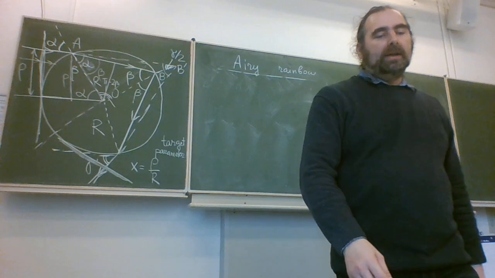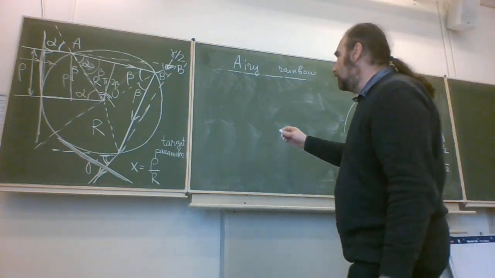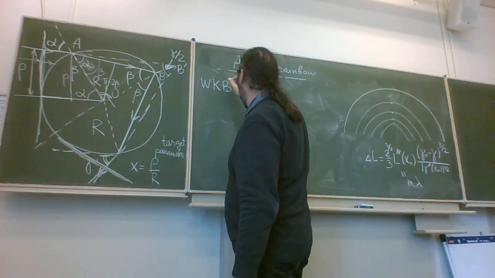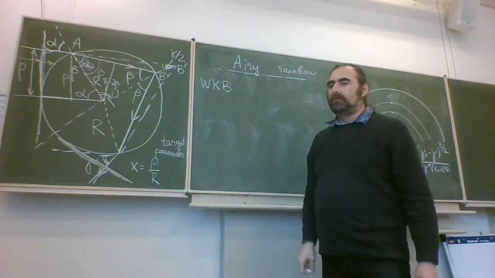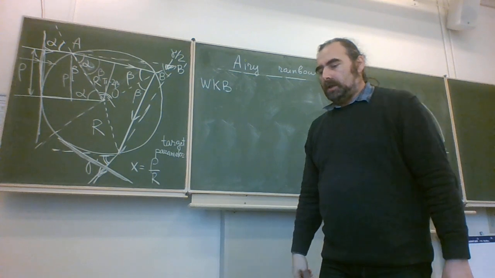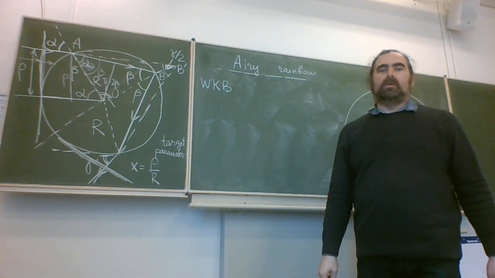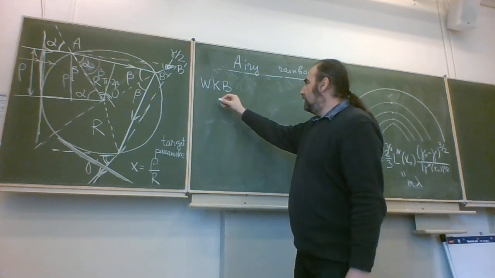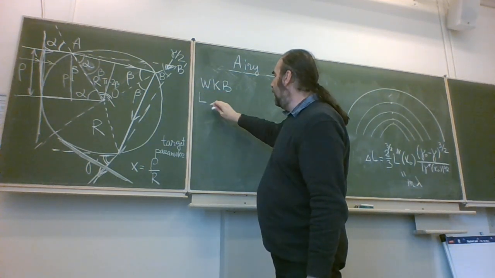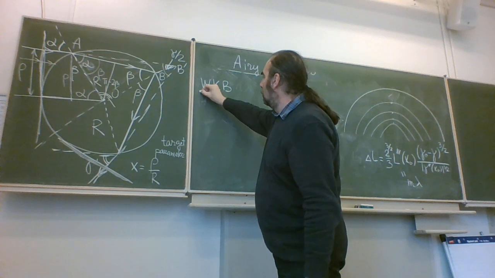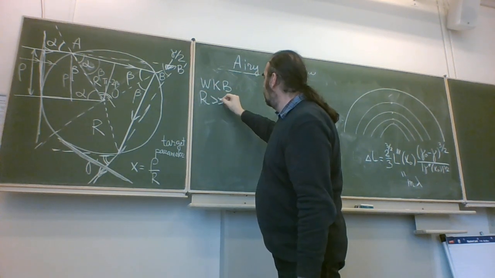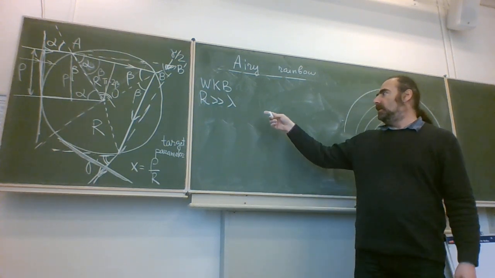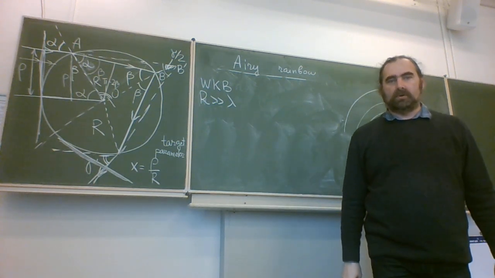Now let me remind you what this WKB means. WKB is an abbreviation for Wentzel, Kramers, and Brillouin. And this is a semi-classical approximation in quantum mechanics. You can use it as the typical scale L or R is much bigger than the wavelength. And that's exactly the limit we are going to use this approximation.